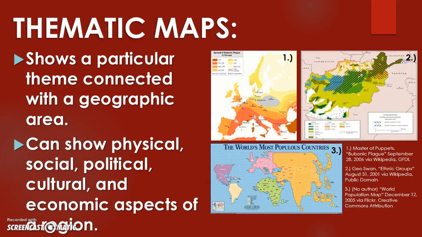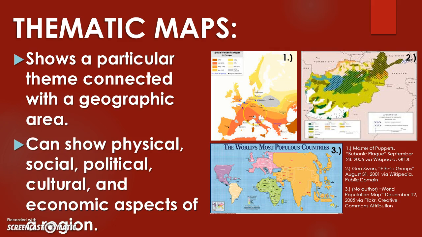Okay, next, thematic maps. These maps are a little trickier, and a lot of people don't know what these maps contain. They have a lot of different kinds of thematic maps. This one to the right specifically shows the spread of the bubonic plague in Europe way back when.